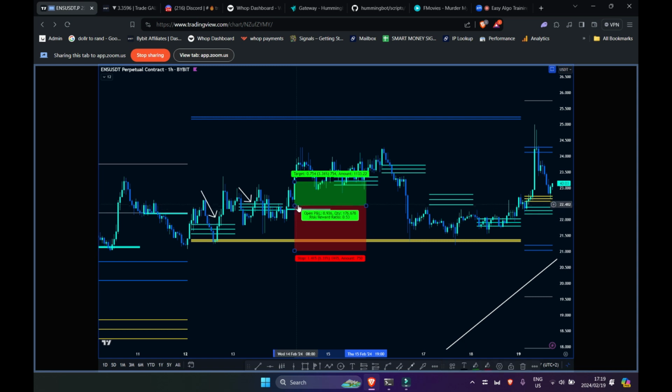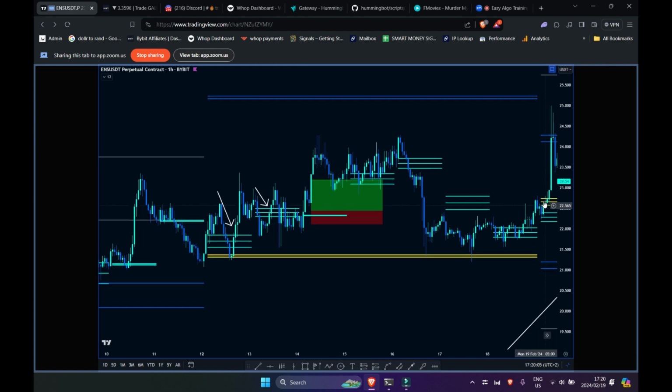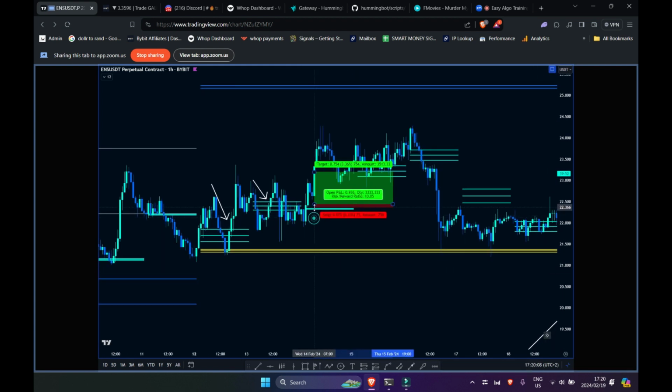So the higher you go up, the higher your stop loss, unless you want to trade just off the daily grids, and then you can set your stop loss underneath the daily grid. But in this instance, you would have been stopped out. It's fine. You take a little loss, then you re-enter. If we'd entered off the weekly grid, we would have been fine. If we entered off the daily grid, we would have been stopped out in that example.